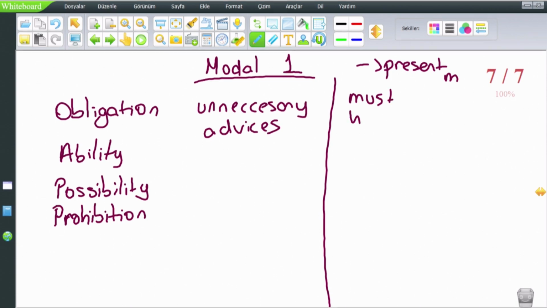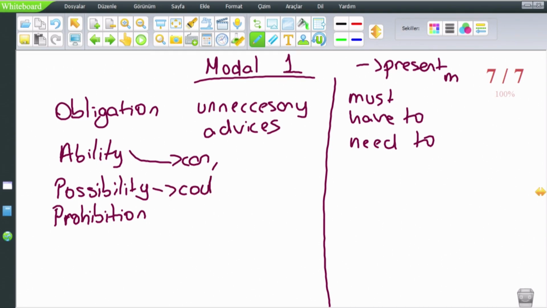The obligation ones: must, have to, need to. We have talked about this. The ability ones: can. Possibility: could, may, might. Prohibition, we have mustn't or can't.